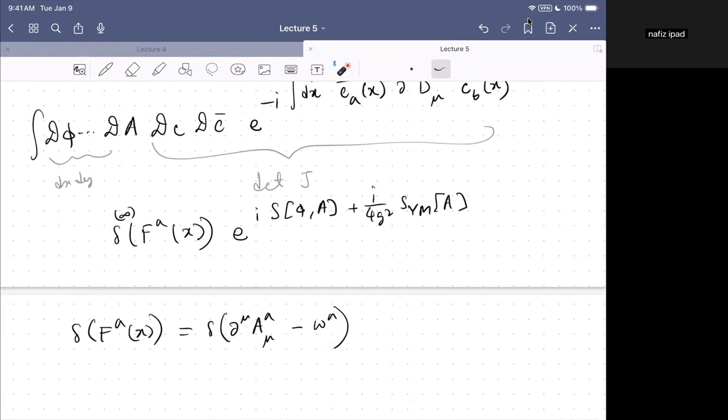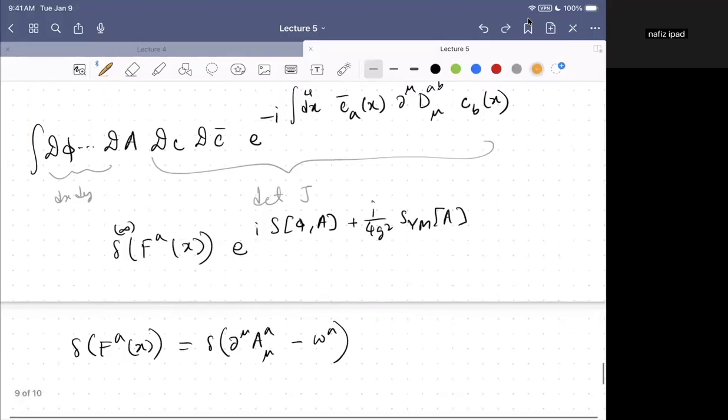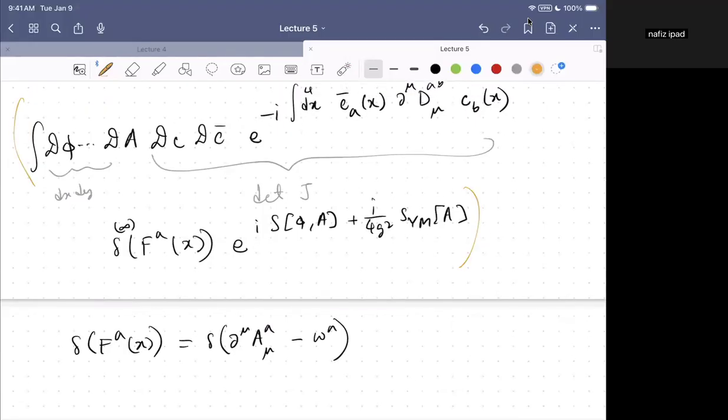So what we can do is multiply this whole thing by any function of this omega, and then we can do an integration over omega, okay?